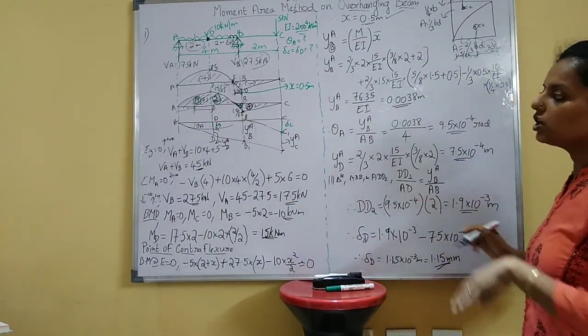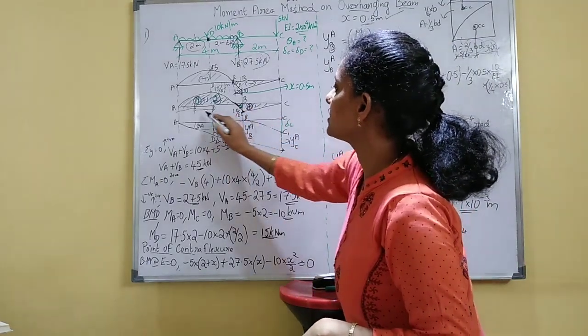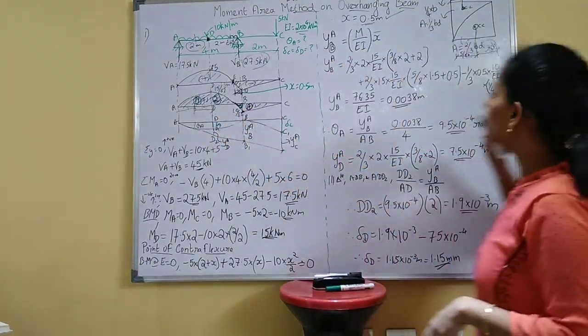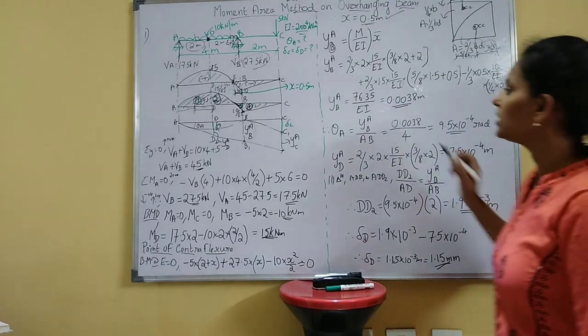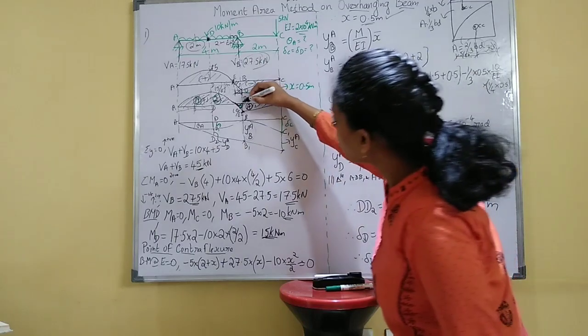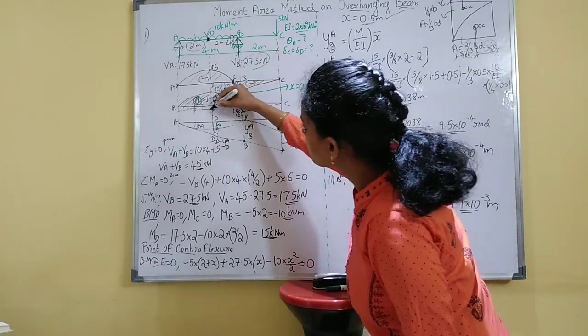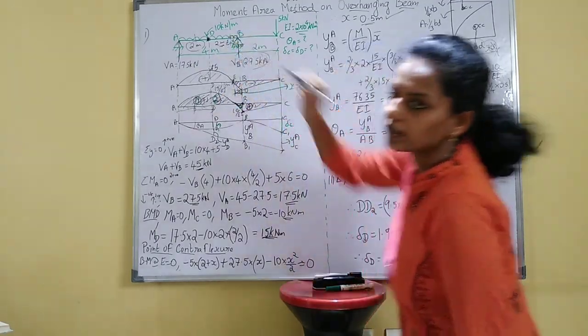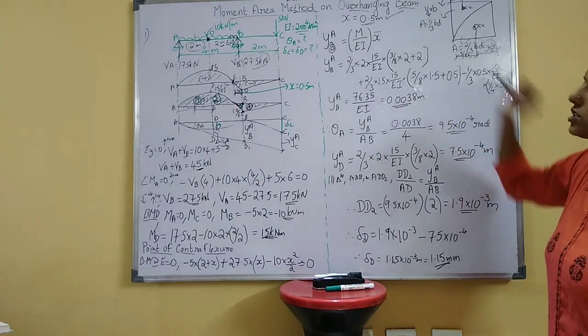Left and right: for B, the nearer one is the right one. So on the right you have 3/8 of B, so 3/8 of 2 meter. But you want the distance up to point B, so the remaining distance is again 2 meter. So you have to add plus 2.